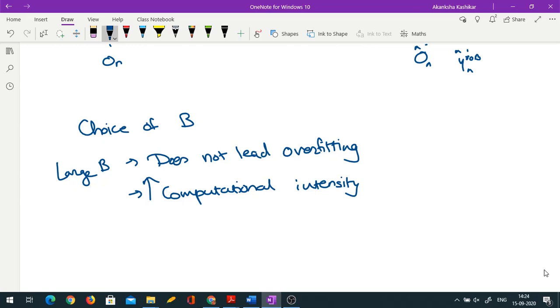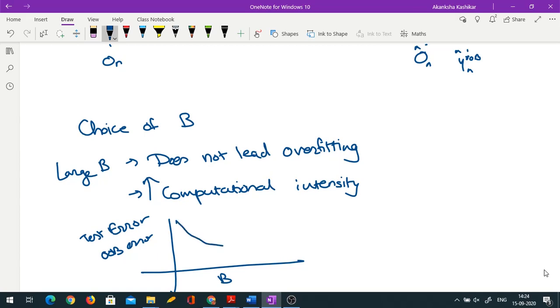So how do you choose an optimal moderate B? You plot the test error, if you have a separate test set, or the out of bag error, with respect to B. You try different values of B and plot the error, and generally the point at which it becomes stable, more or less parallel to the x-axis, can be your ideal value for B. It can be seen that in most cases B near 200 gives pretty good results.